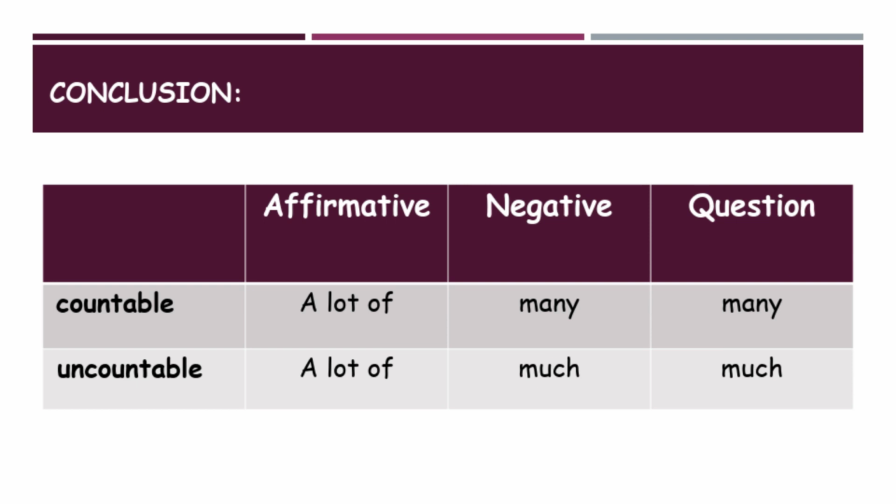When it comes to countable affirmative form, we use a lot of, okay? And when it comes again to countable negative statements, we use many. Countable questions, we use again many.